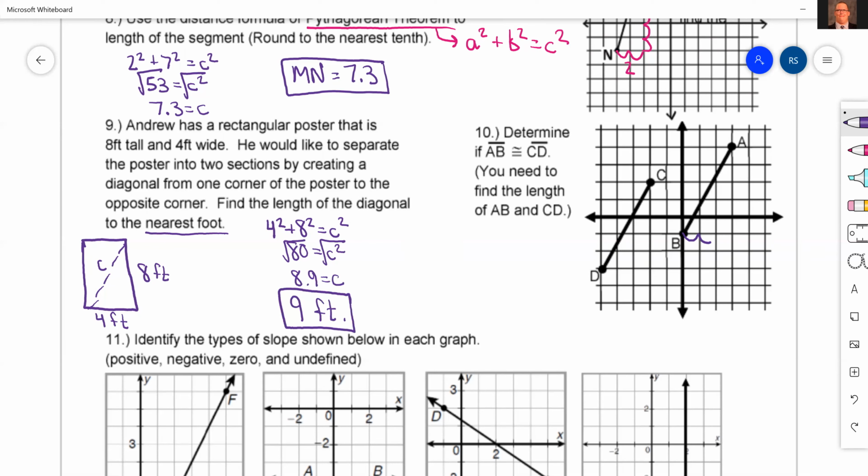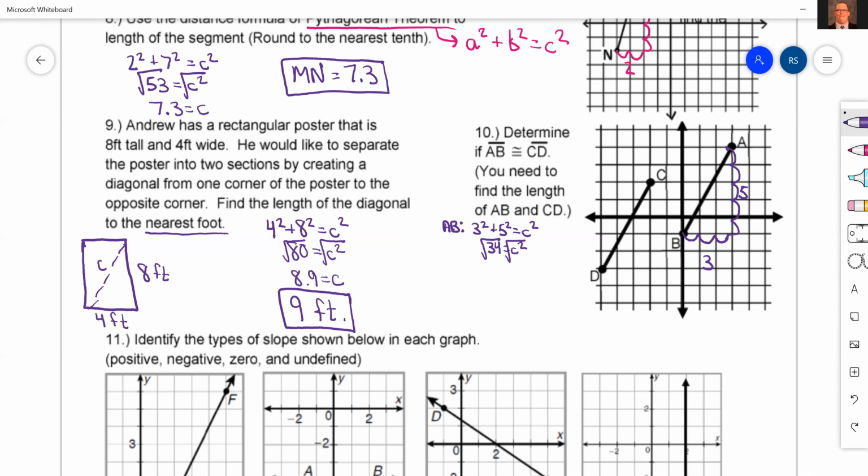I went 1, 2, 3 over, and 1, 2, 3, 4, 5 up. So if I do AB first, that would be 3 squared plus 5 squared equals C squared. 3 squared plus 5 squared is 34 equals C squared.